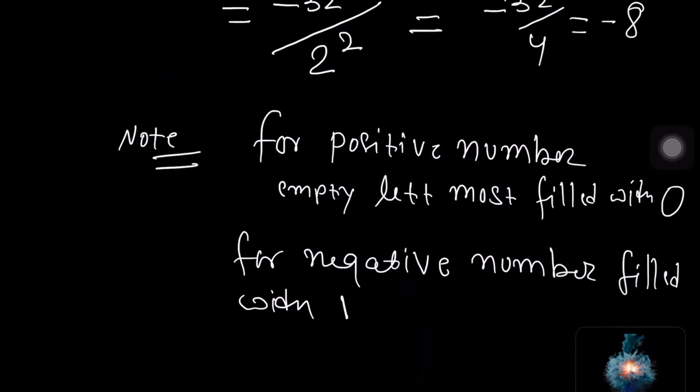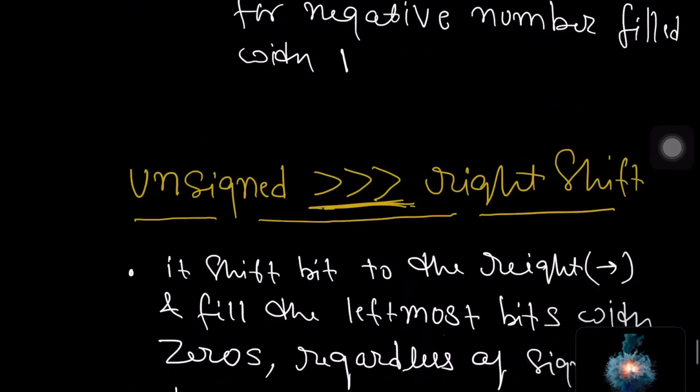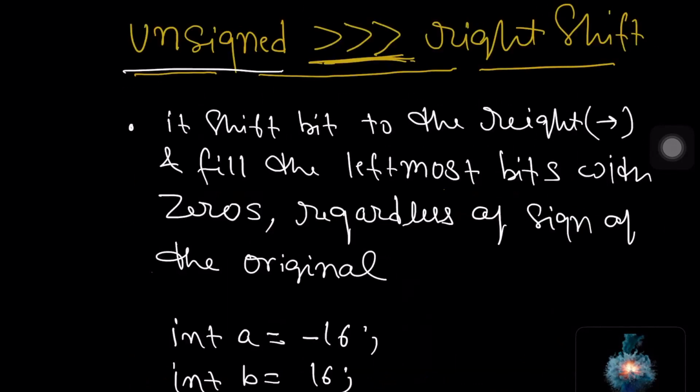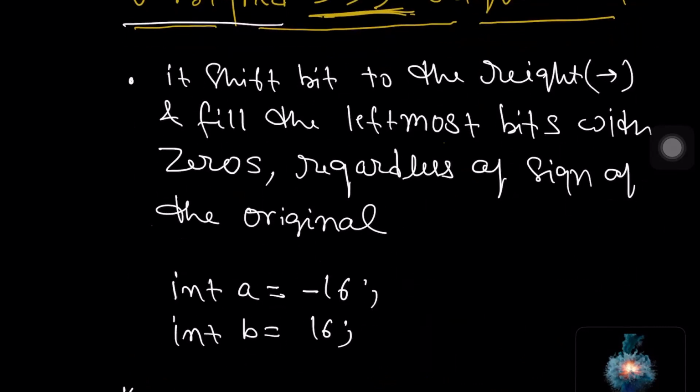But that is not the case with unsigned. Unsigned means it doesn't care about sign, negative or positive. So if you are a negative number, it will also fill your left side with 0. If you are a positive number, it will also fill the left side with 0. The only similarity is that it will also take second complement of your binary representation. While shifting, both use the same logic.